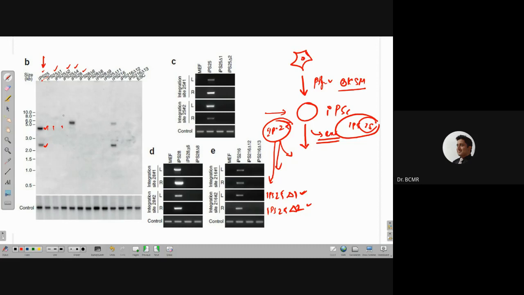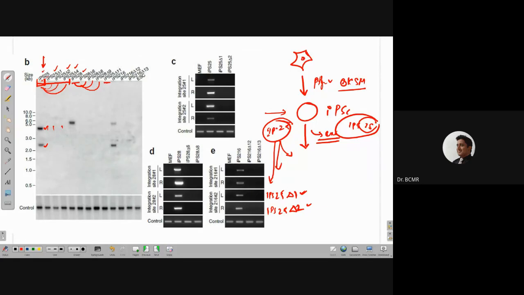So these four are from one cell. This is the IPS pluripotent, and these are the derivatives of IPS25 in which the excision happened and reintegration did not happen. Similarly, they have done it for IPS28 and its derivatives, something like this.